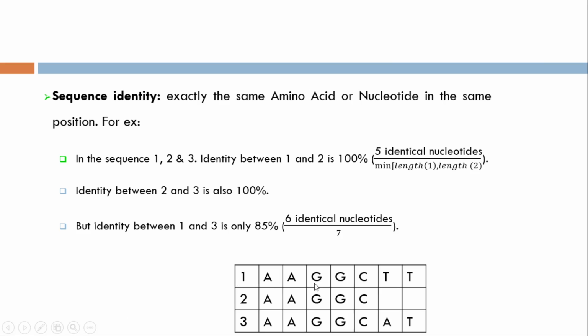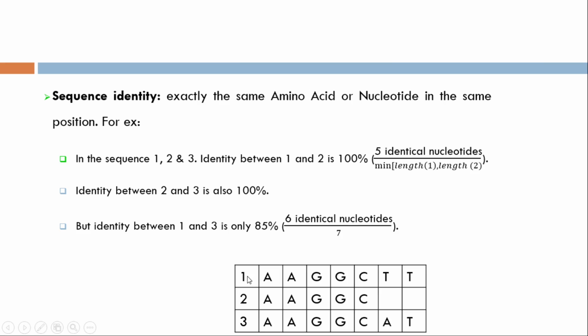You can manually match it out. Here you can see exactly 5 bases are identical. So how can I calculate the percentage identity? I can say 5 identical nucleotides divided by the minimum length of 1 and 2. What does it mean?